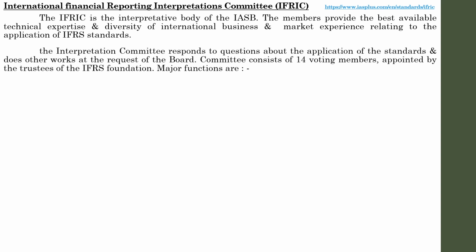And the constitution of IFRIC actually includes 14 voting members appointed by the trustees of the IFRS Foundation. The IFRS Foundation is the one that takes initiatives for the implementation of IASB and the introduction of international financial reporting standards.